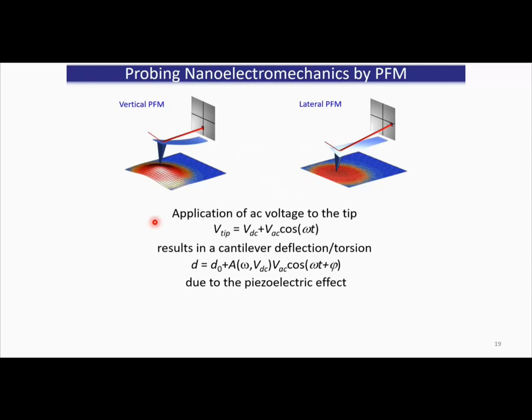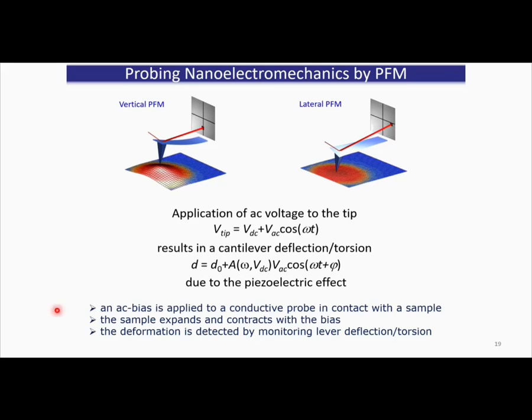And if the tip is in contact with that sample surface, as the sample expands, the tip in contact with it will also deflect or twist if there's an in-plane motion. And that's what's shown here. And so it's the piezoelectric effect in a piezoelectric sample. This can happen, and as has been alluded to, if you're applying a bias to a functional material, there can be other origins of tip deflection or torsion, and so it's always something to be aware of.